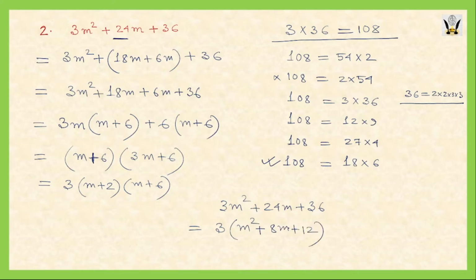So initially we can take our highest common factor between those terms, and on the remaining expression we can apply the factorization methods. That way it will be easier to factorize this algebraic expression compared to this algebraic expression. So either way we can factorize, but finally we will be getting the same result.